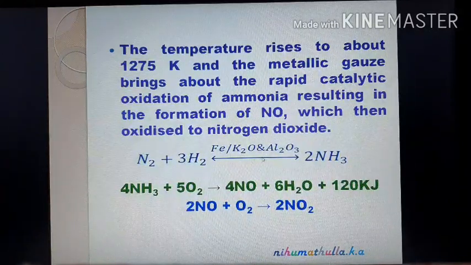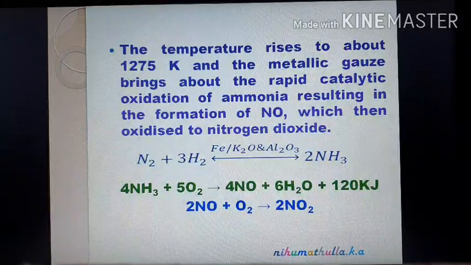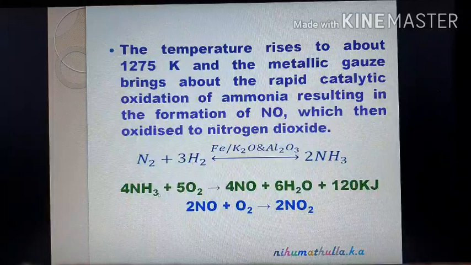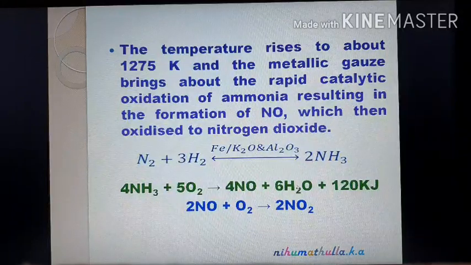In the Haber's process, molybdenum is used as a promoter. So this ammonia is mixed with 10 times of air, oxygen, and passed into the catalytic chamber containing platinum catalyst. From ammonia, nitrogen undergoes oxidation to give nitric oxide, and hydrogen undergoes oxidation to give water.